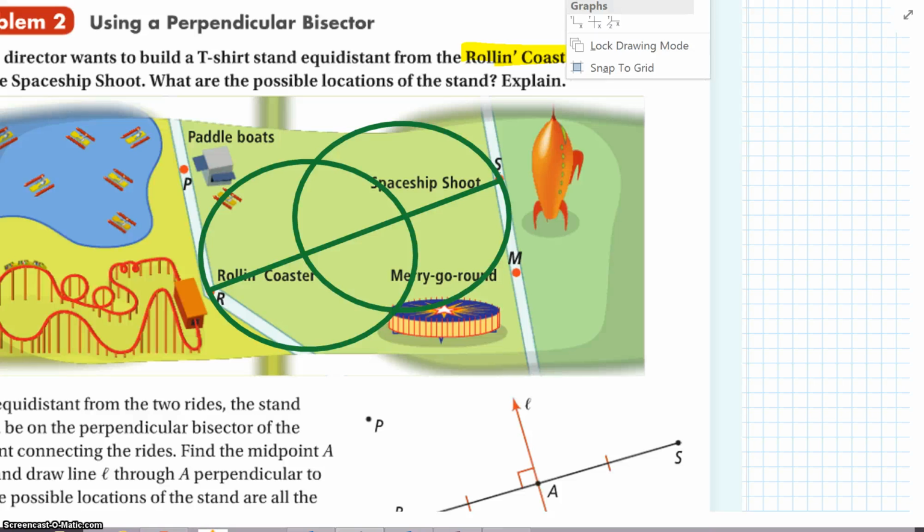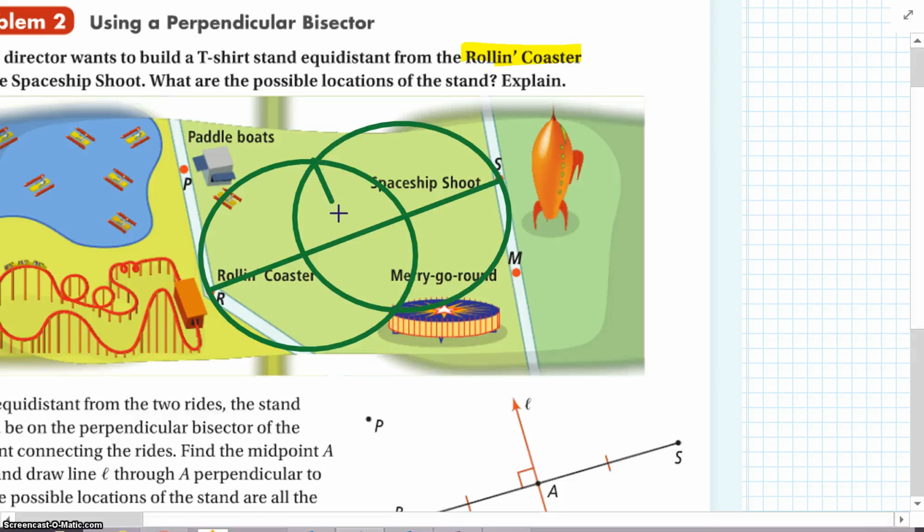Okay, now I'm going to draw a line. That's going to be my perpendicular bisector. All right.